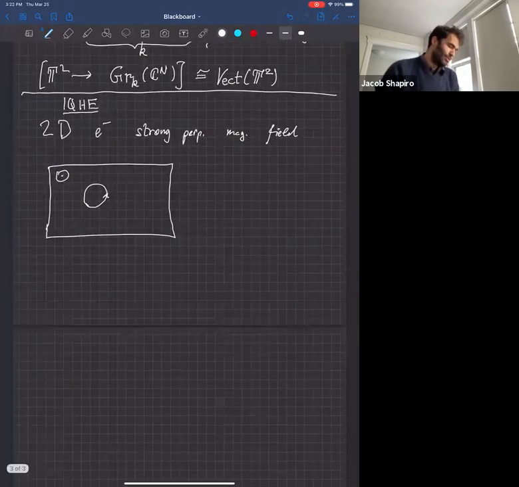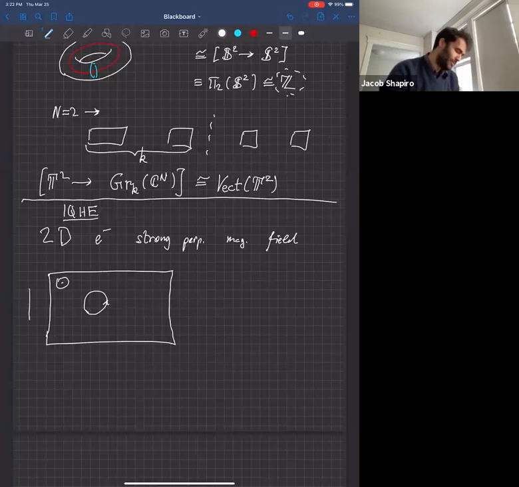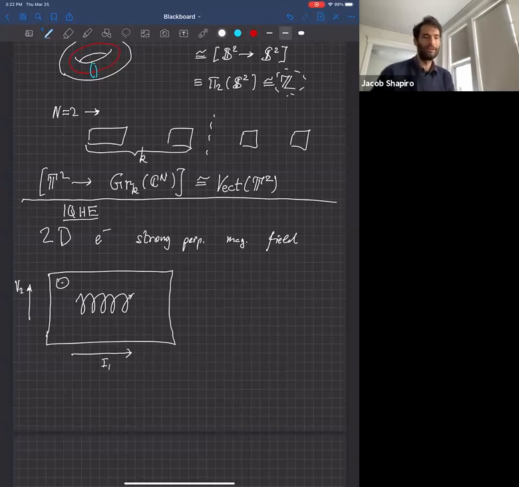But in the integer quantum Hall effect, what you want to do is actually apply a voltage in the 2 direction. And once you do, then again, classically speaking, you would see that these orbits start to drift. And they drift in the 1 direction. Even though the voltage is in the 2 direction, the current is in the 1 direction. Hall, more than 100 years ago, I think, is the first person who described this effect, and so there is the Hall effect.